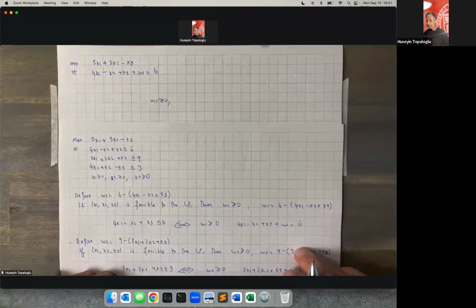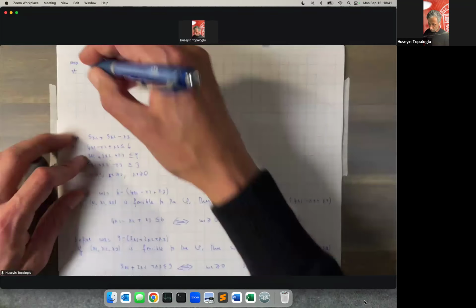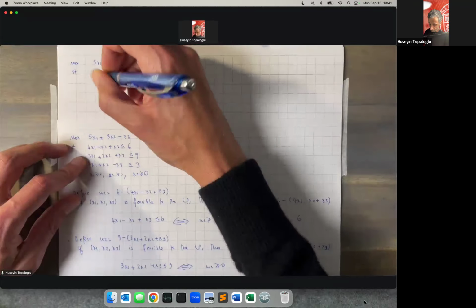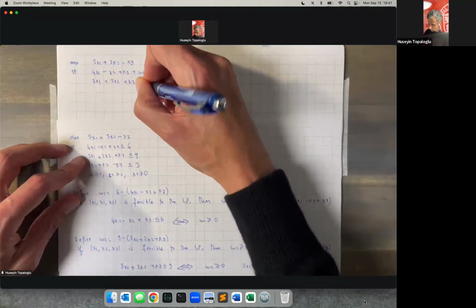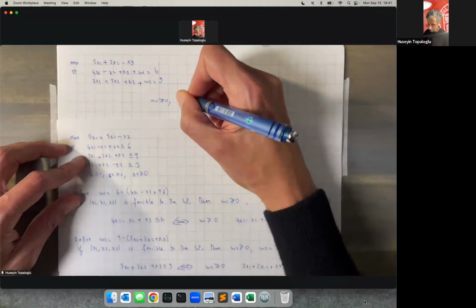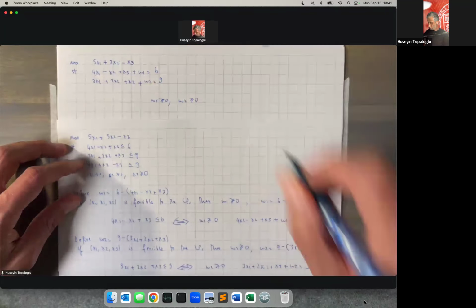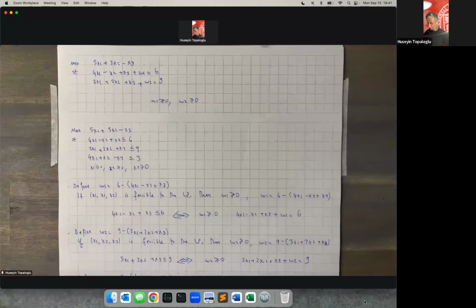Instead of the second inequality constraint, use this equality constraint and non-negativity on W2. And lastly, instead of the third inequality constraint, use this equality constraint and non-negativity on W3.